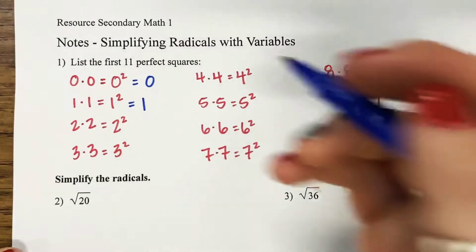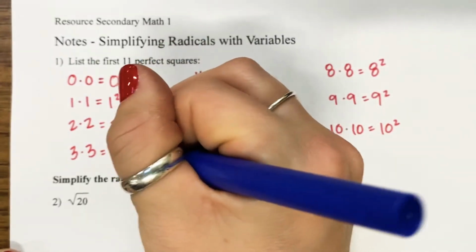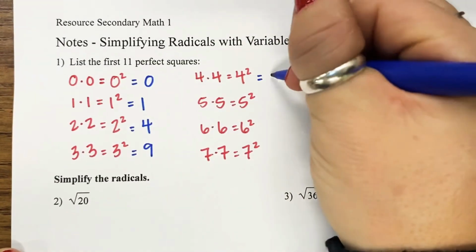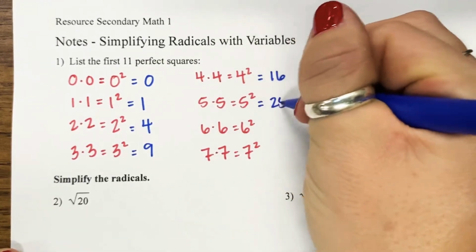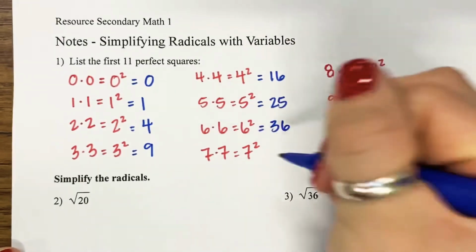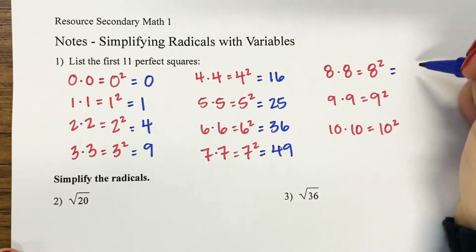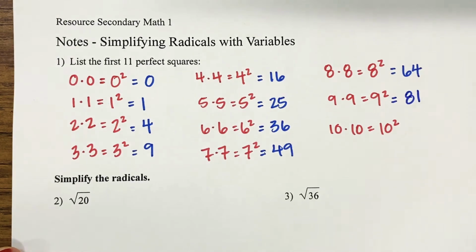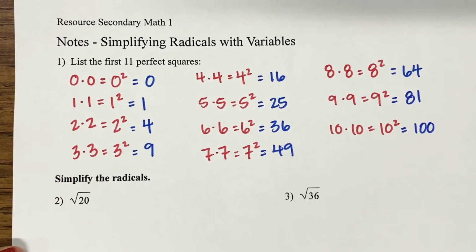It's 1. 2 times 2 is 4. 3 times 3 is 9. 4 times 4, 16. 5 times 5, 25. 6 times 6, 36. 7 times 7, 49. 8 times 8, 64. 9 times 9, 81. And 10 times 10, 100.